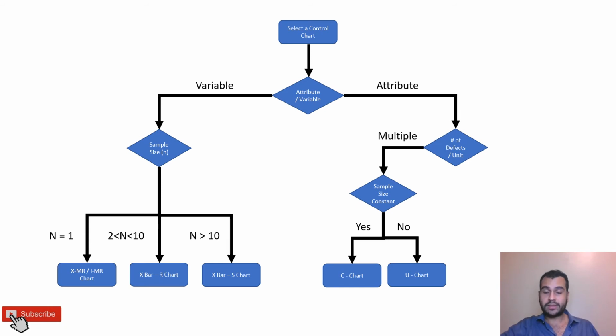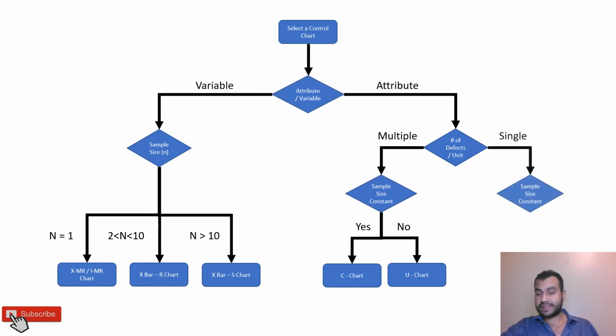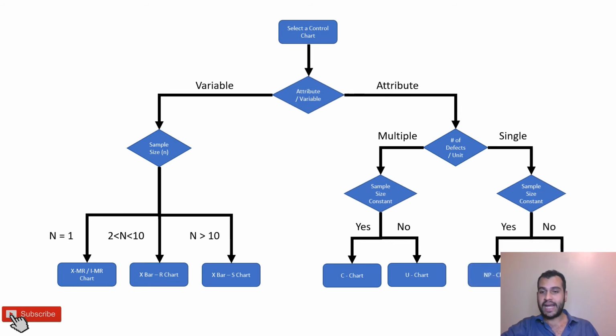And if it's not constant, you'll select the U chart. And on the other side, if it's a single number of defects per unit, then you will check whether the sample size is constant. If it's yes, then you'll select an NP chart. And if it's no, you'll select a P chart.